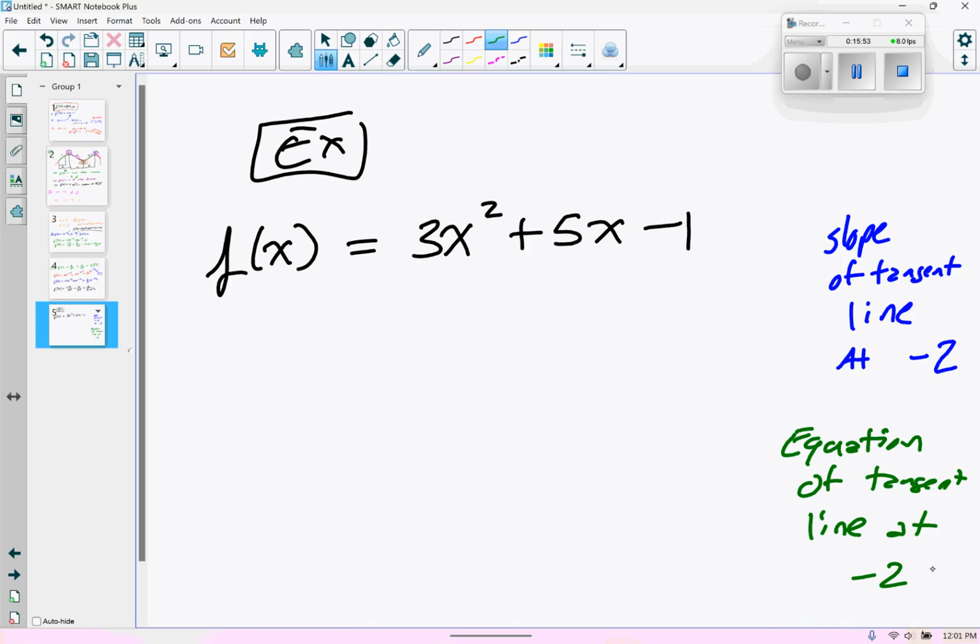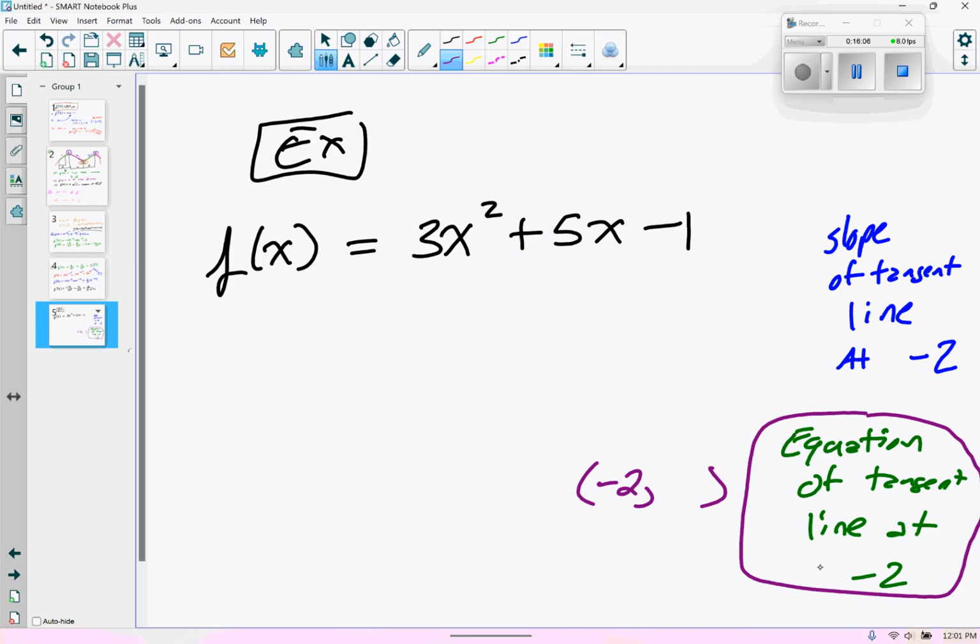Okay, so first thing we want to do is this. We want to figure out the equation of the tangent at -2. So I'm going to get -2 comma something. So I'm going to plug -2 into the original. So that's going to give me 3 times -2 squared plus 5 times -2 minus 1.